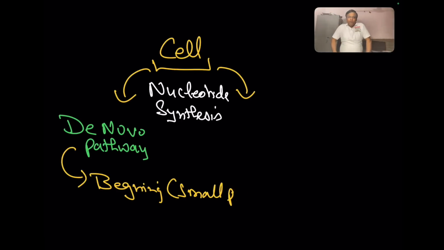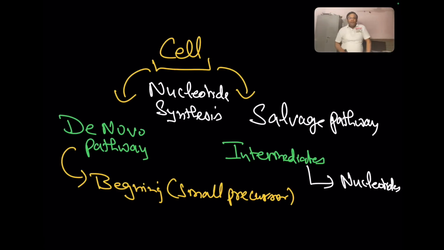Now here is another important point I just want to tell you. If you look into a cell, you are going to have a nucleotide synthesis pathway. The nucleotide synthesis pathway within the cell can be of two types. One, it can be the de novo pathway. Another, it can be the salvage pathway.